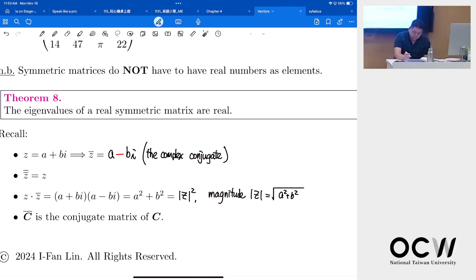For the matrix, the conjugate of matrix C will be C bar. Then if I take the transpose, that also means I can do the transpose first and then do the conjugation. All right. Any questions about the symmetric matrix so far?